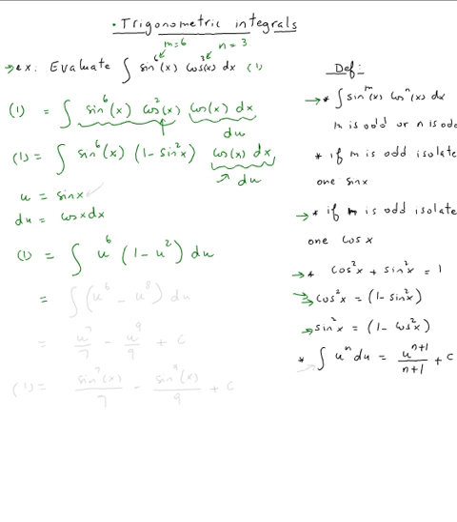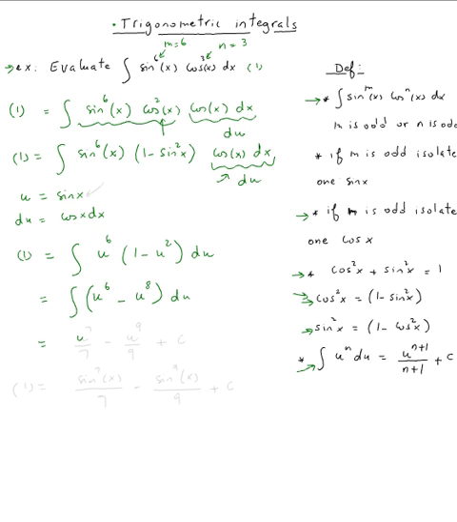Now how do we do this? I'm just going to distribute: integral of u6 times 1 is u6, minus u6 times u2 is u8, du. Now of course I'm using the general power rule, the integral of u^n du is u^(n+1) over n+1.